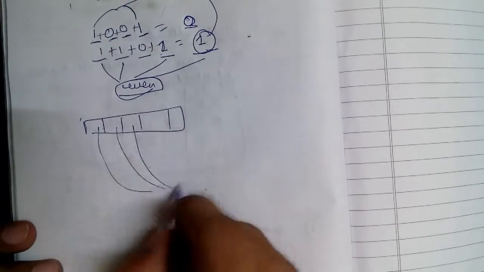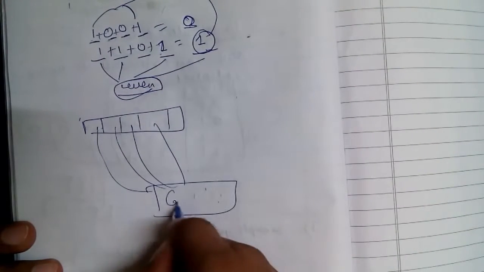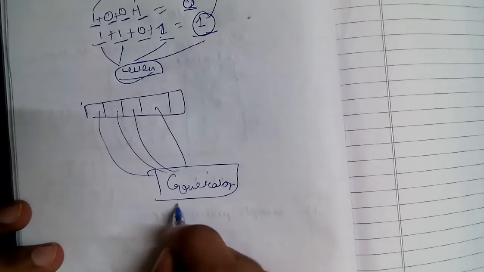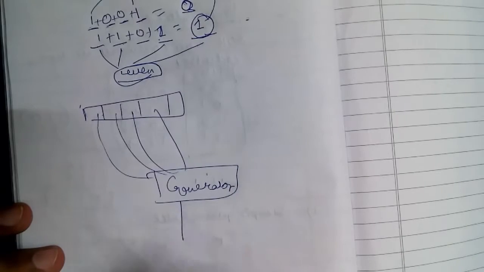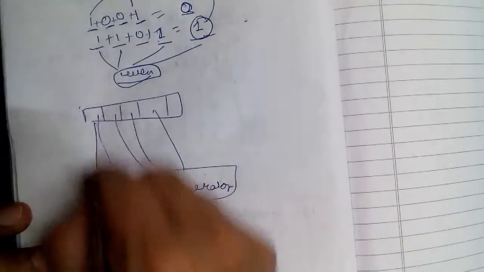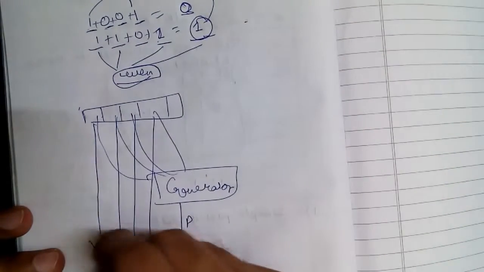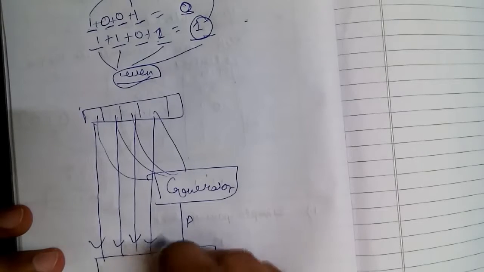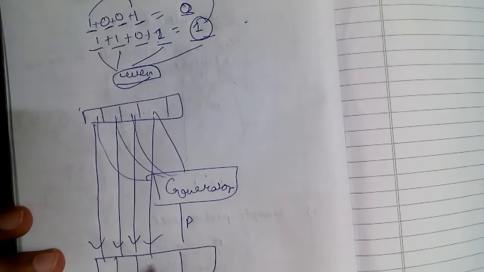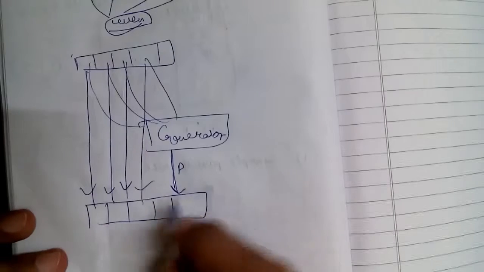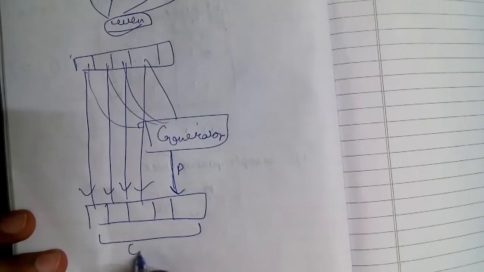The bits go in and there is a generator. It generates the parity bit and adds it to this. So this is our final code word.